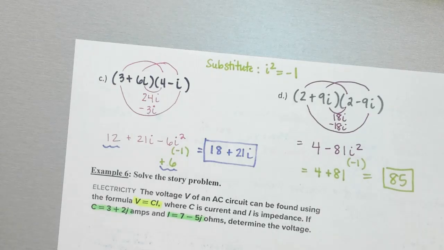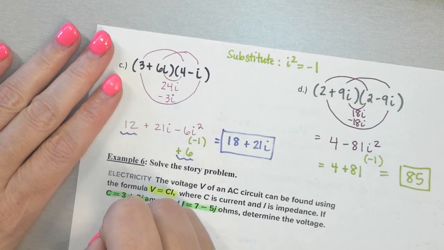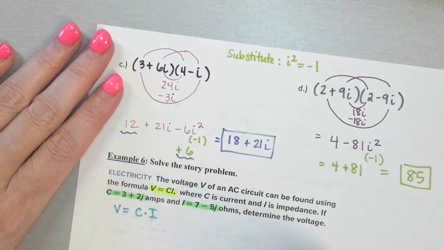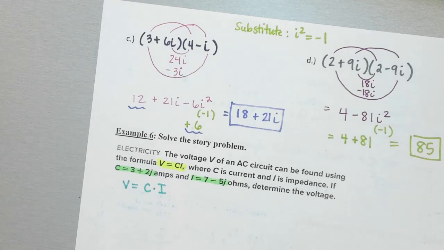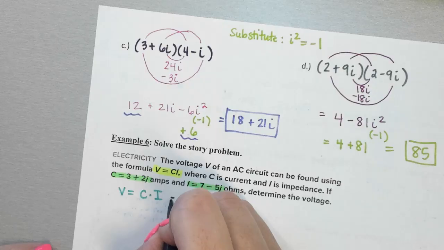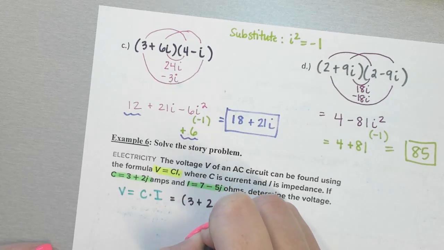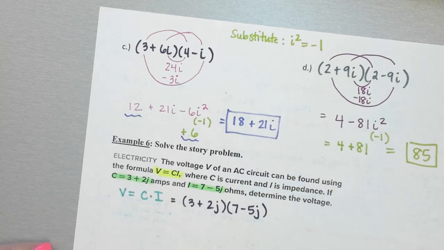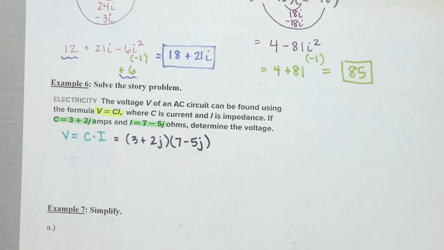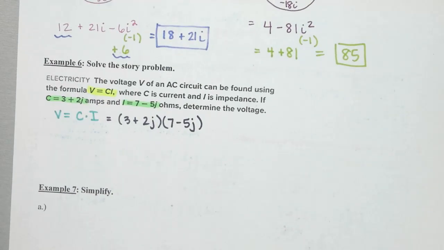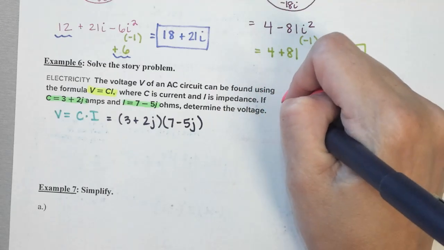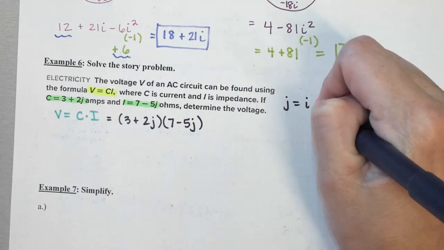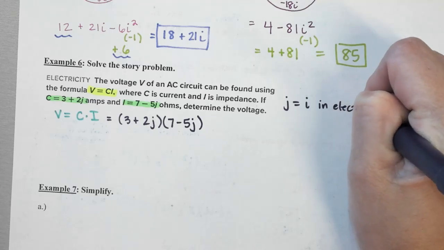So let's use our equation. Our equation, V equals C times I, and they give us an expression for each of those. So all we have to do is substitute, right? This is your value for C, 3 plus 2j. Your value for I, 7 minus 5j. Okay, so we're going to FOIL that, and then in electricity, j is equal to i.